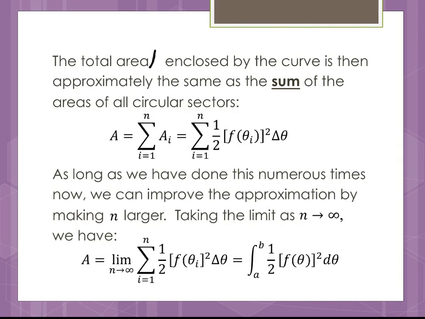The total area, A, enclosed by the curve is then approximately the same as the sum of all the areas. So we're taking the summation from i equals 1 to n of A sub i, and then we're using that formula that we just had on the previous slide of what A sub i is. It's 1/2 f of theta sub i squared delta theta.